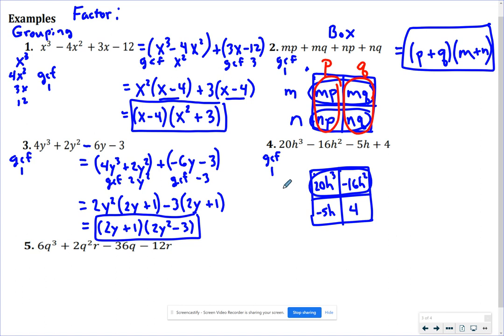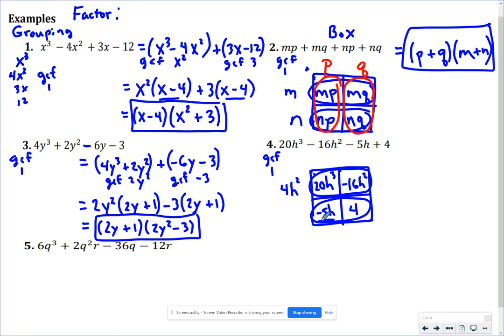Okay, 20 and 16 are both divisible by 4. And then h to the third and h squared both have an h squared in them. So 4h squared. Now this second row is a little different. Do you notice that first term in that bottom row is a negative 5h? That first term, you want to think of him as being the general.